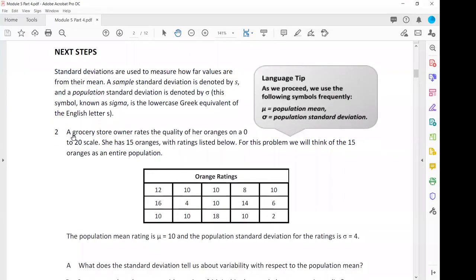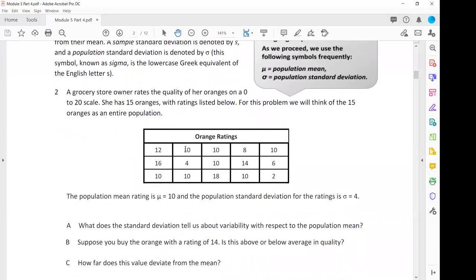Question 2 says, a grocery store owner rates the quality of her oranges on a 0 to 20 scale. She has 15 oranges with ratings listed below. For this problem, we will think of the 15 oranges as an entire population.